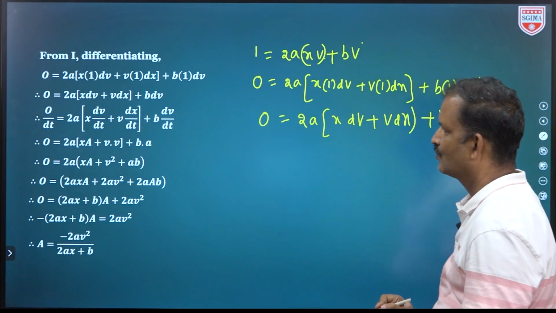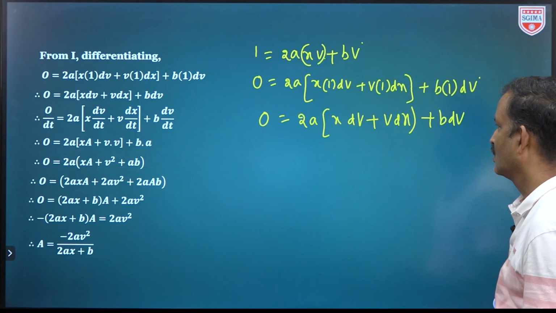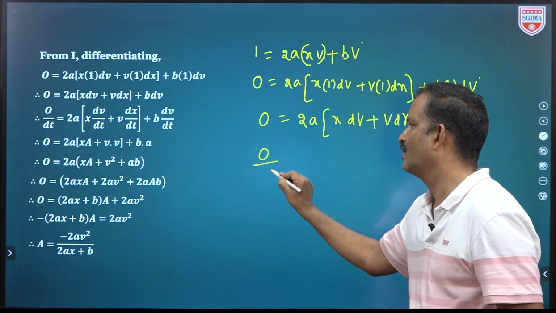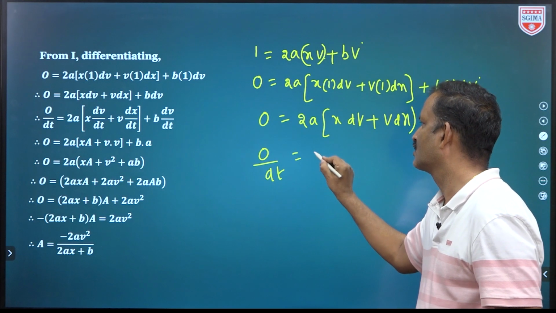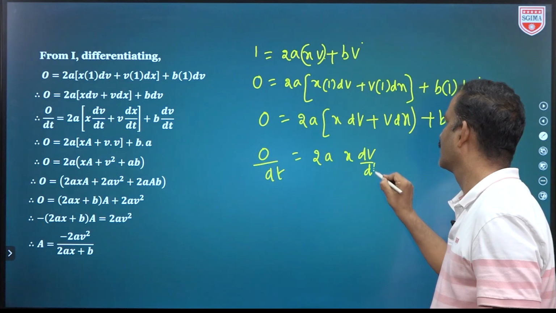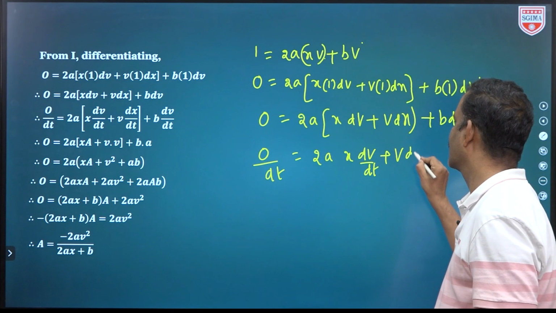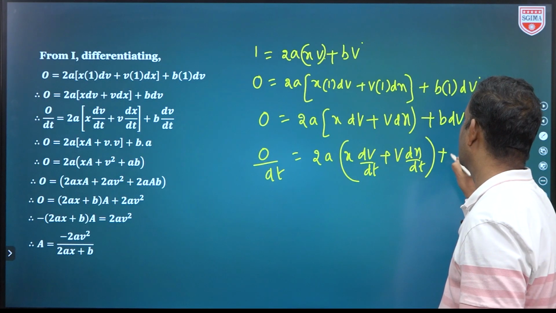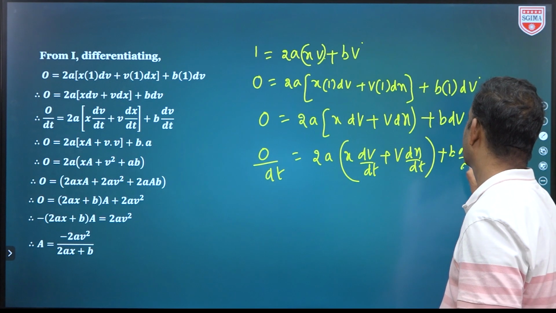But to find out acceleration, what we have to do? You have to divide with dt. 0 by dt is equal to 2a times x dv by dt plus v dx by dt, plus b dv by dt.